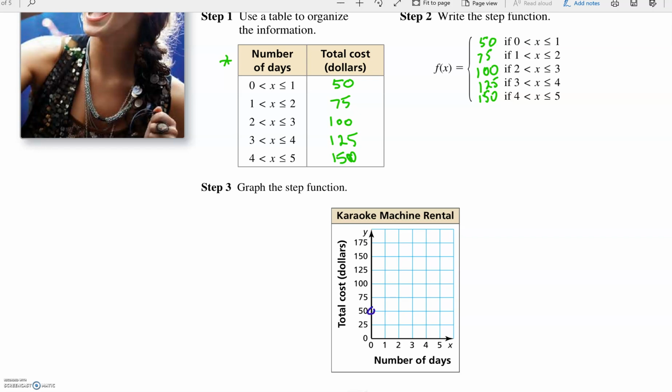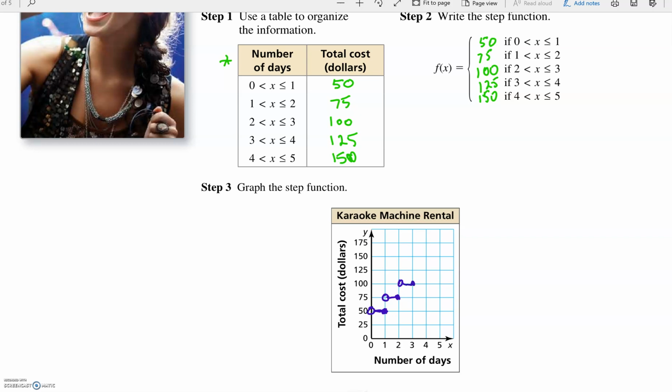So open on the left, closed on the right. There's our first step on the staircase. Second step, open on the left, closed on the right, but we're going up to 75, right? There's the second step. The third step, we're going to jump up to 100.